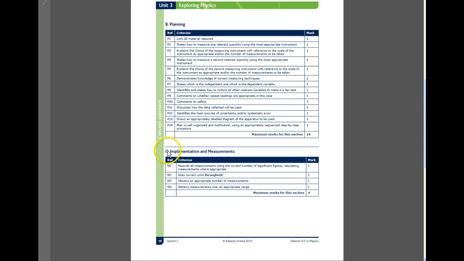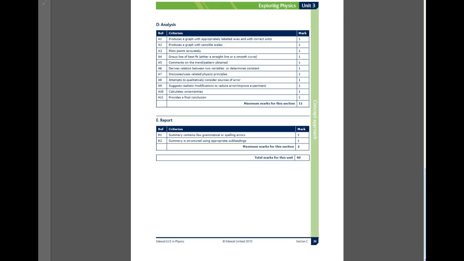Once you've got your data, you then carry straight on with the analysis. So this is things like plotting the graph accurately, labelling the axes, putting a line of best fit through the points, and so on. And this section C and D will take a double lesson.